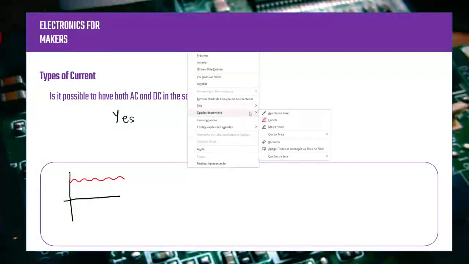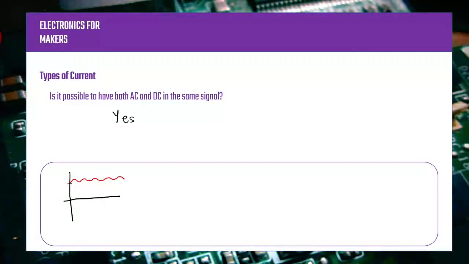It never goes below a certain point, which in this case is this line right here. So let's say this is 6 volts, and the red one is 1 volt. We can say we have a signal with 6 volts DC, since this part is constant, and 1 volt AC in the same signal. But this may be getting ahead of ourselves. Don't worry about this for now.